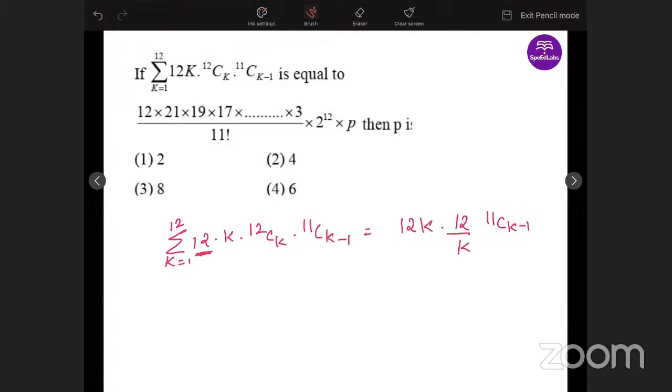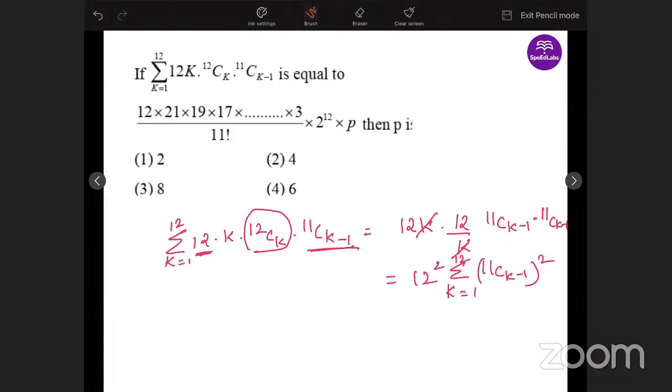I can write 12Ck into 11Ck minus 1, which is already there. Yes, sir. K cancel. So this is 12 square came out, 11Ck minus 1 the whole square. So basically I'm applying the sigma k running from 1 to 12. Clear?